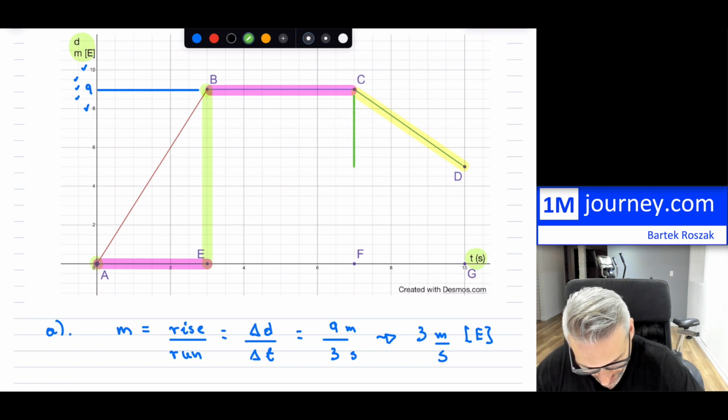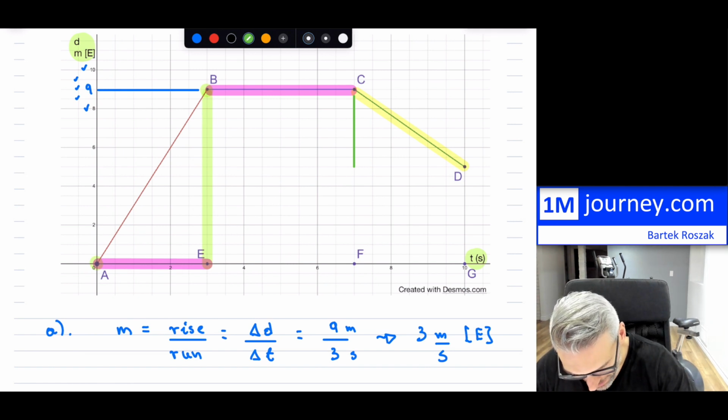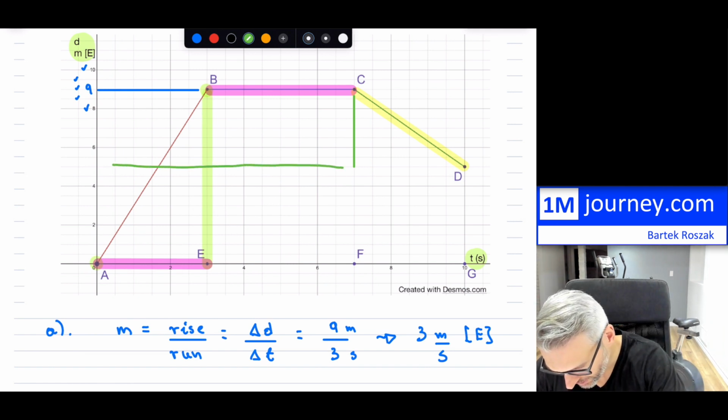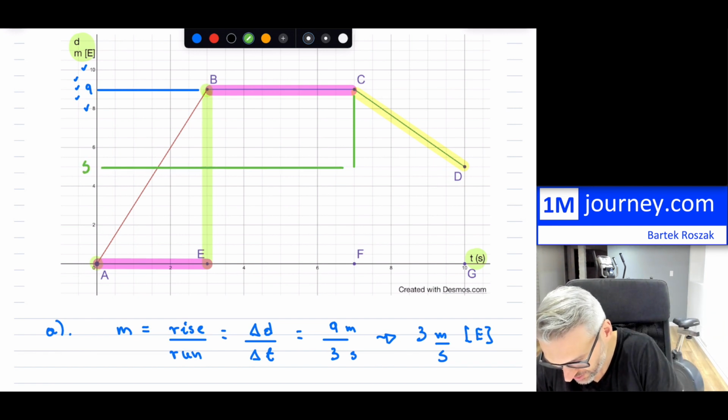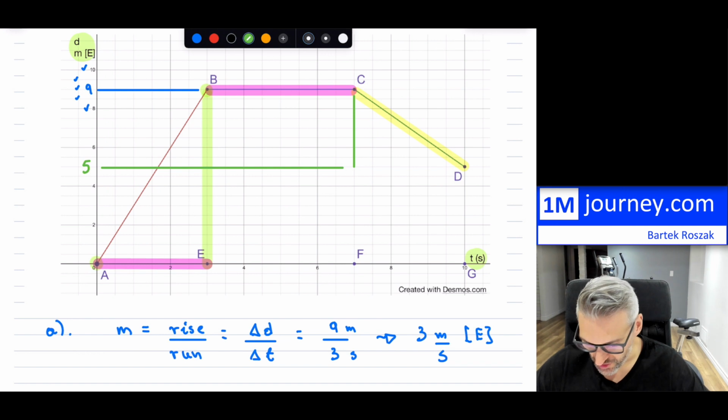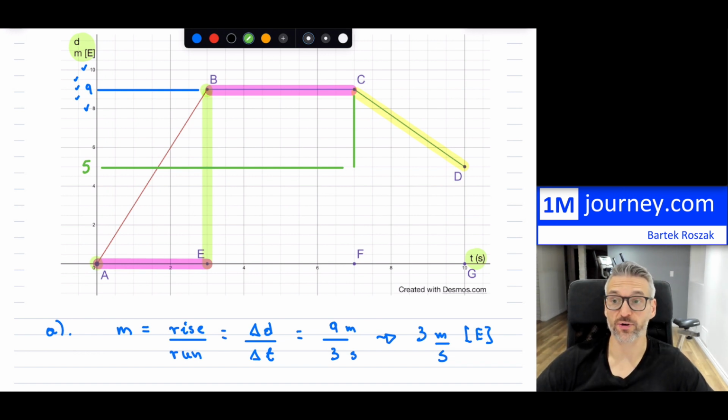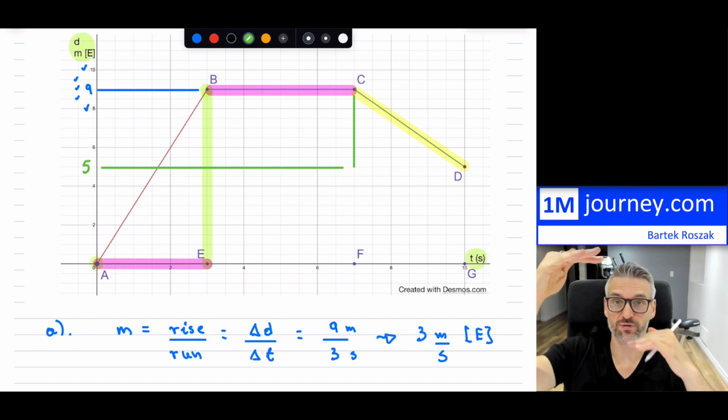Okay, and you can see there that that's where you move over, and you can map this off all the way. So if you're looking at the y-axis right there, notice that this looks like it's going to be a 5 right there. So now be careful here because it goes from 9 to 5, right?